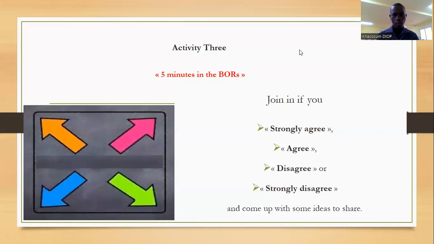Okay, so here we have strongly agree, and here we have agree, and here we have strongly disagree, and here we have disagree. Okay, so it's up to you now to join. Okay, go ahead.